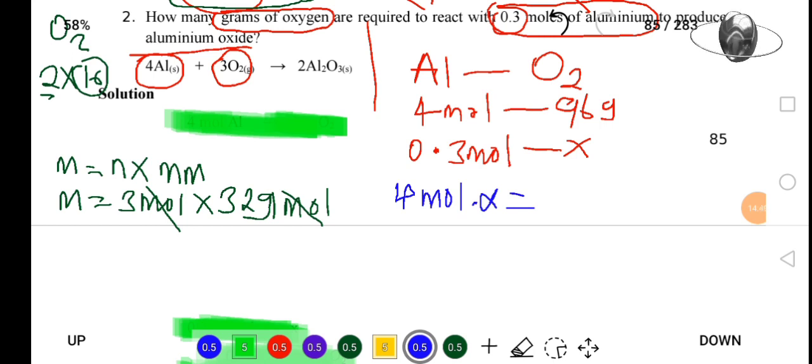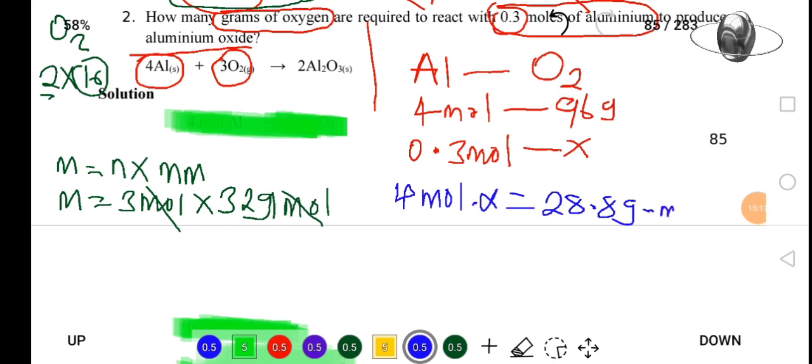Using my calculator, when we say 0.3 times 96, we are going to have 28.8 grams.